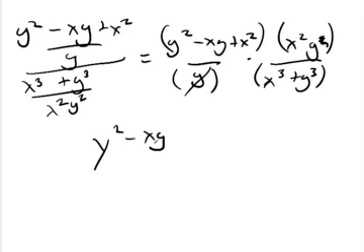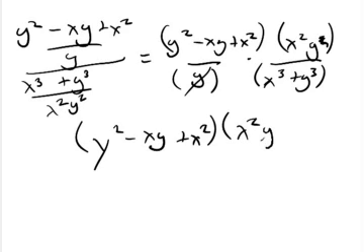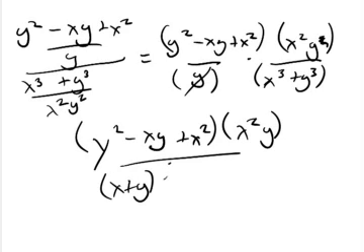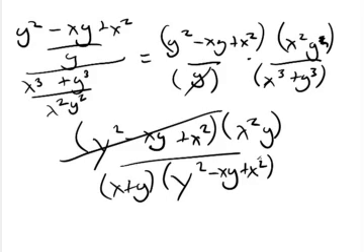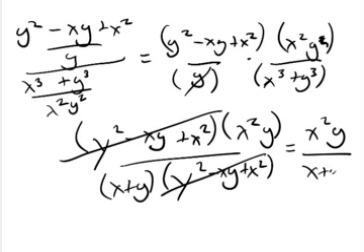Y squared minus xy plus x squared times x squared times y. It can be rewritten as x plus y times y squared minus xy plus x squared. These values cancel, and we're left with x squared times y divided by x plus y, the simplified form of our complex fraction.